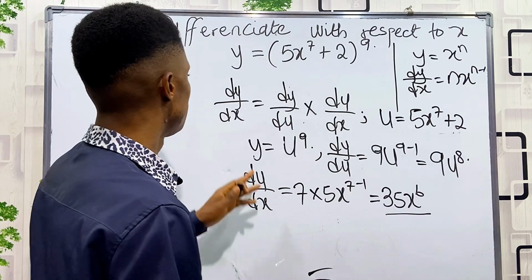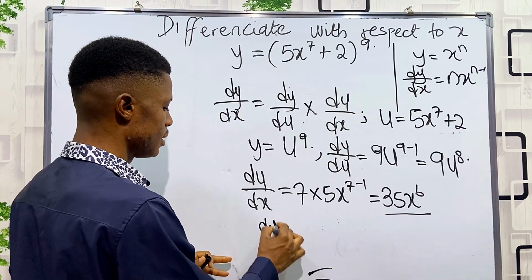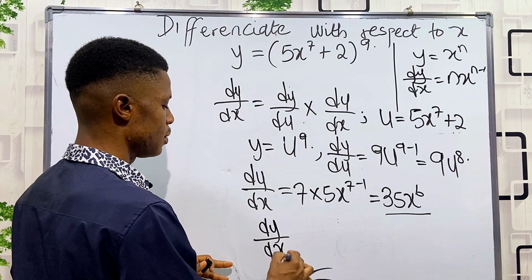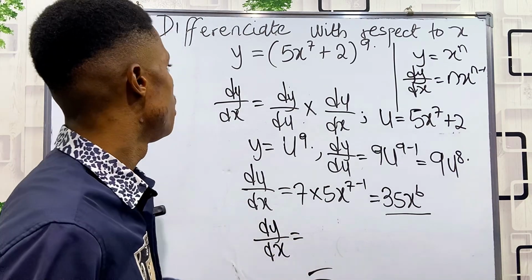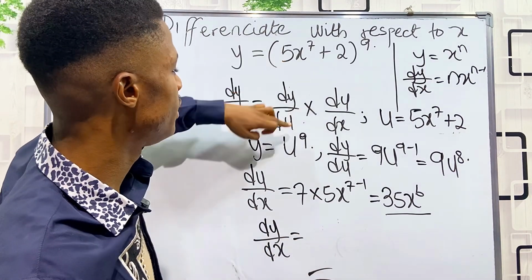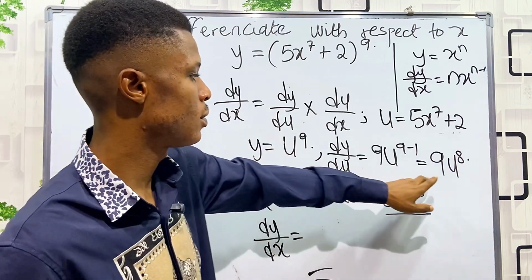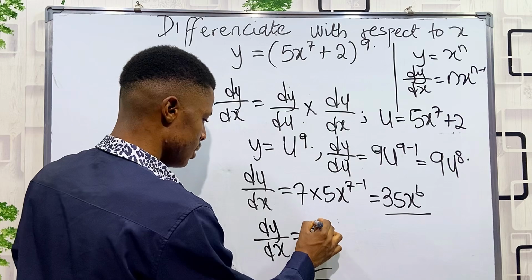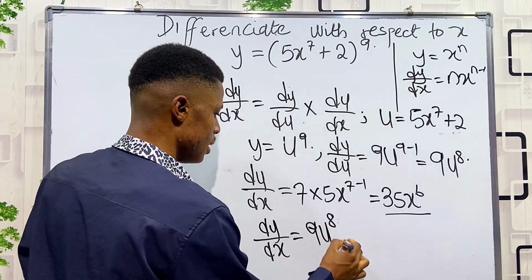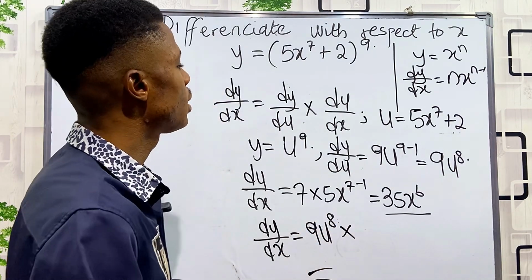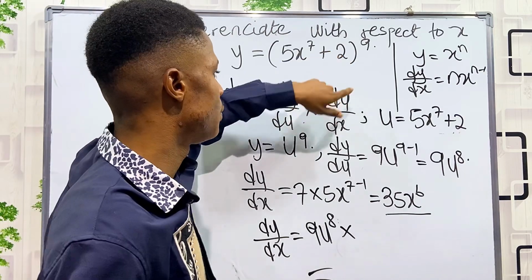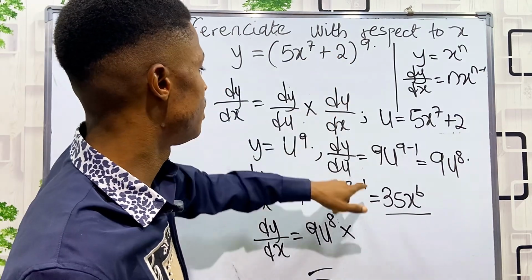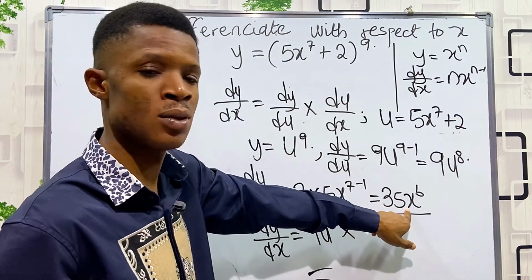The next thing we do is find dy/dx. Differentiating y with respect to x will now be equal to, first we look at dy/du, which we got to be 9u to the power of 8. So we have 9u^8, then times differentiating u with respect to x, which is this.